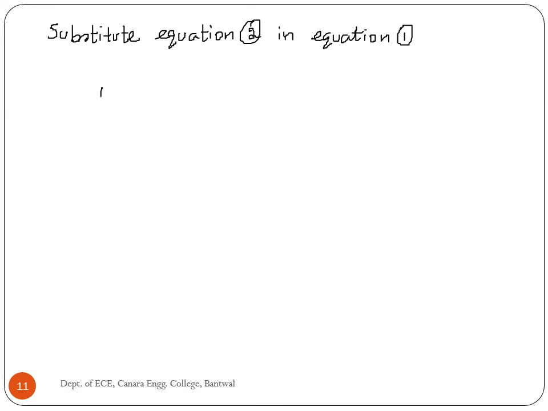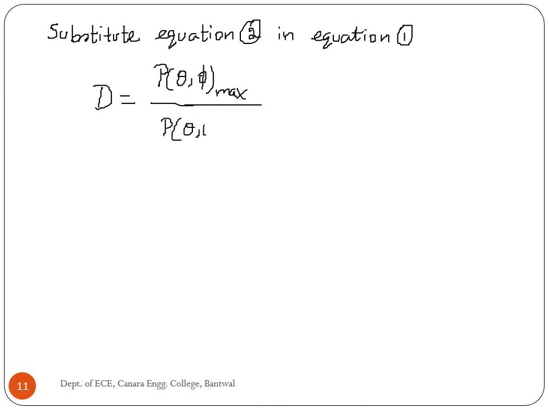Substitute equation 2 in equation 1. Directivity is equal to maximum power divided by average power.